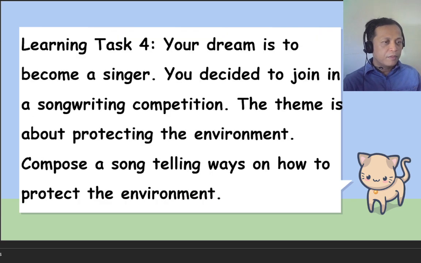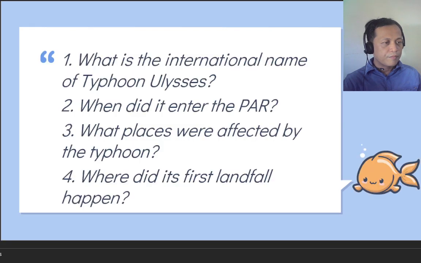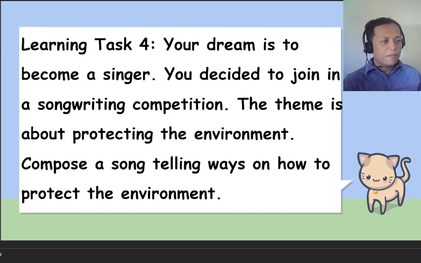Okay, then we have learning task number 4. Your dream is to become a singer. You decide to join a songwriting competition, and the theme is about protecting the environment.